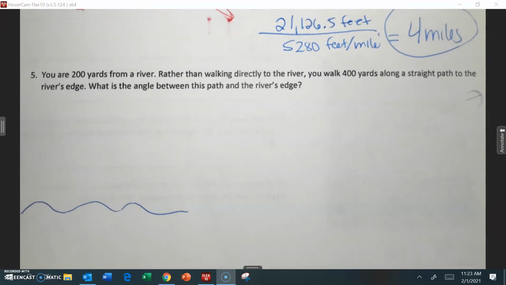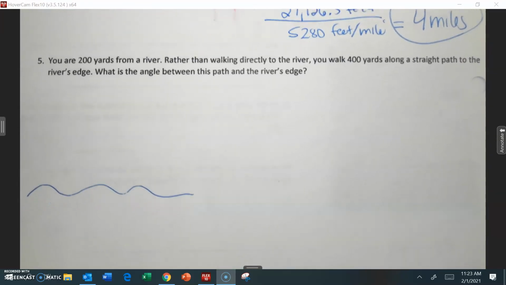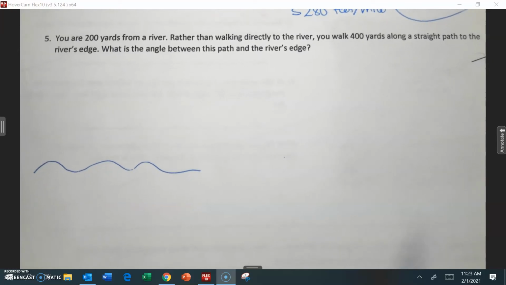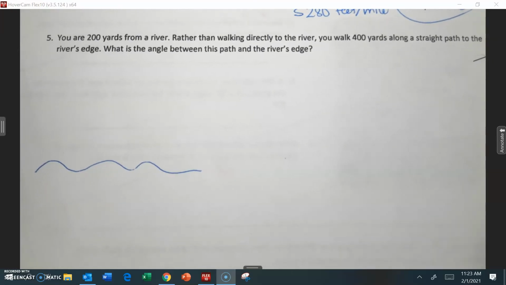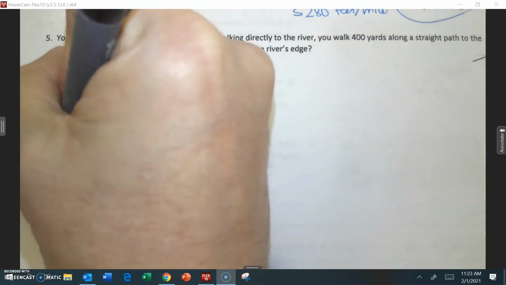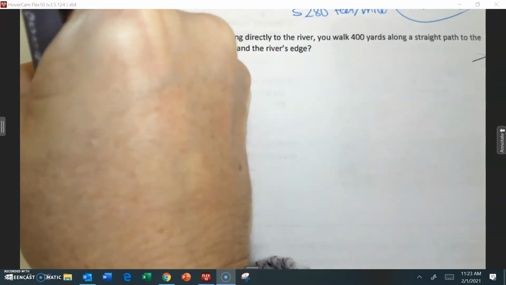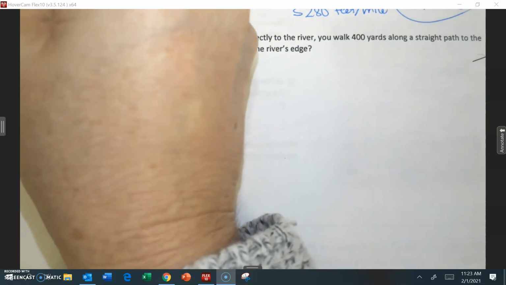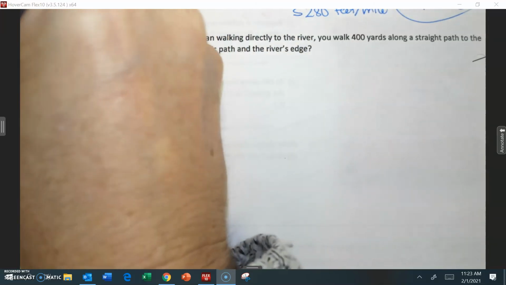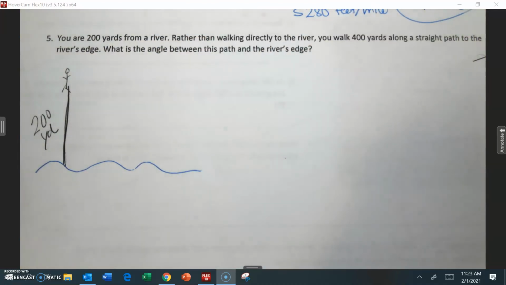Since I did not give you a picture, it's really important that you get a good picture set up. So if we are 200 yards from the river, I'm just going to draw my river here. You can go either direction, so it doesn't matter, but here we are, and we are 200 yards from the river.